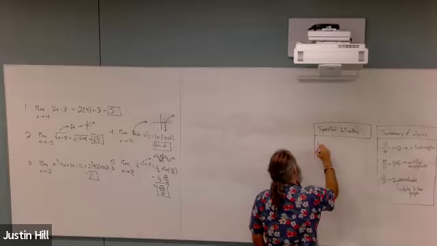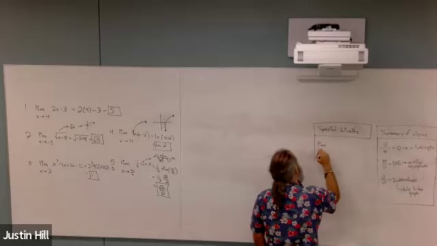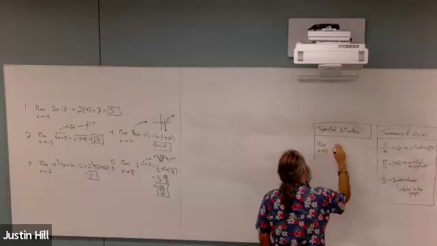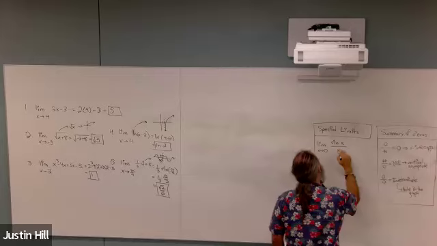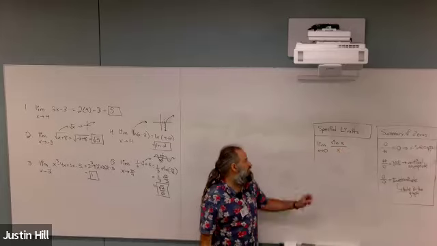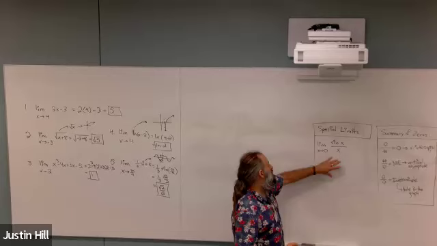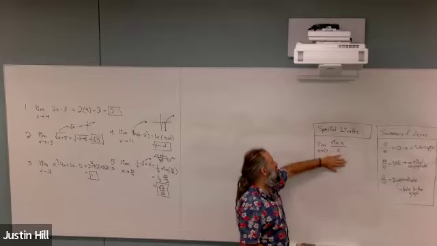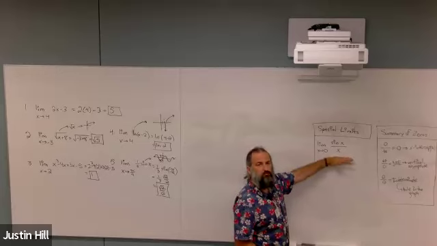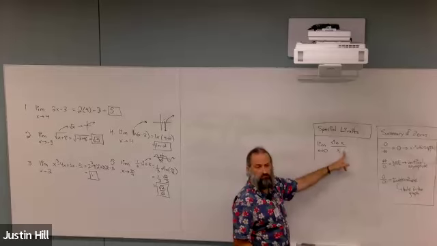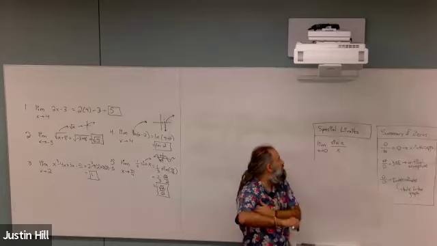The first is the limit as x approaches 0 of sine of x over x. Even if you knew nothing about the squeeze theorem, I'm setting up another fraction where I end up with 0 over 0. The sine of 0 is 0, and dividing that by 0 gives you 0 over 0.